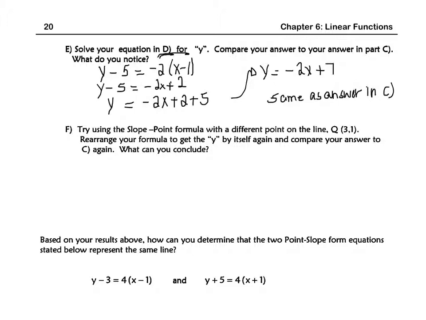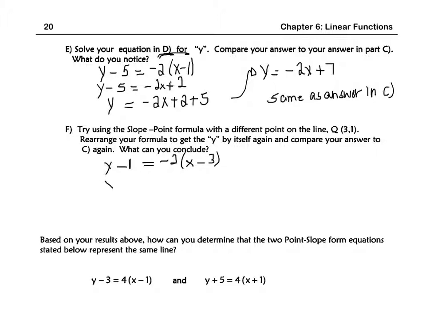So we can tell that the equation written in slope-point form and the equation written in slope-intercept basically are the same thing. So if you tried the slope-point formula, suppose we had used point Q instead of point P, we would get y minus the y coordinate of that point is 1 equals slope would be negative 2 outside of x minus the x coordinate of a point on the line.